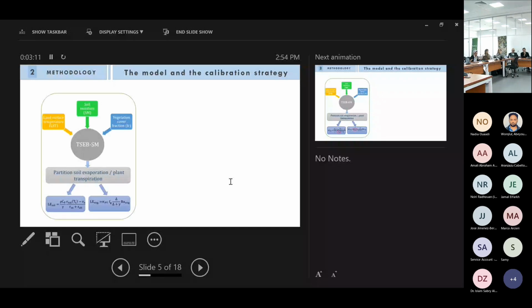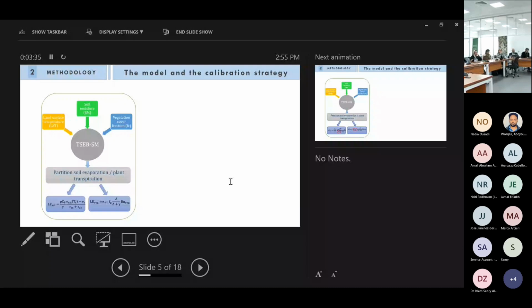The model is mainly developed by Norman, which is the TSEB model. We added an additional constraint, which is soil moisture, to better estimate the soil evaporation. In the classic TSEB model, we estimate the soil evaporation as a residual term of the energy balance.